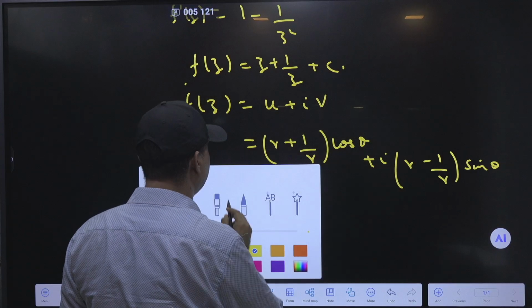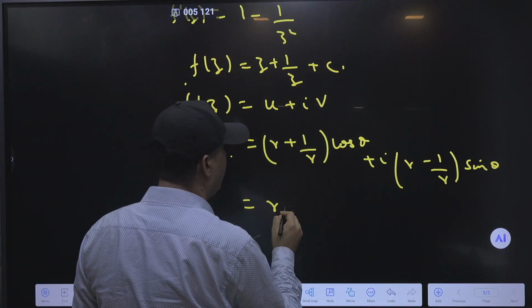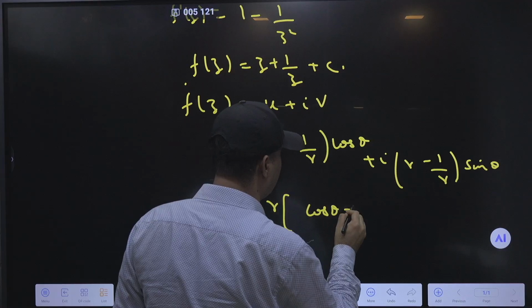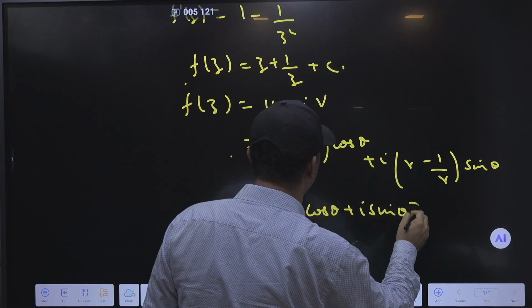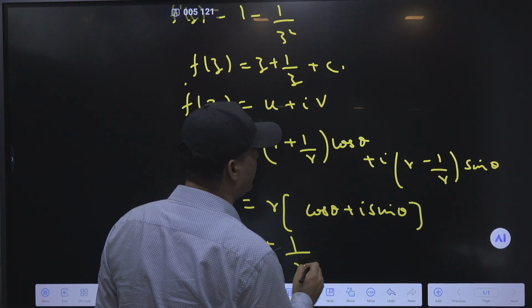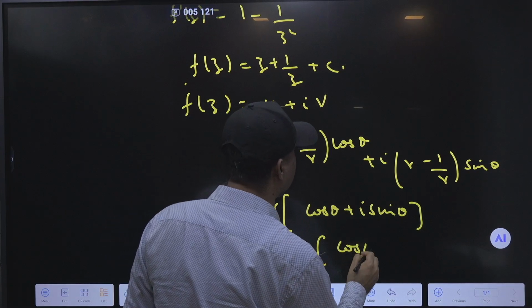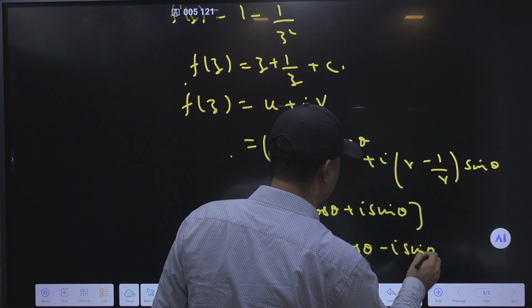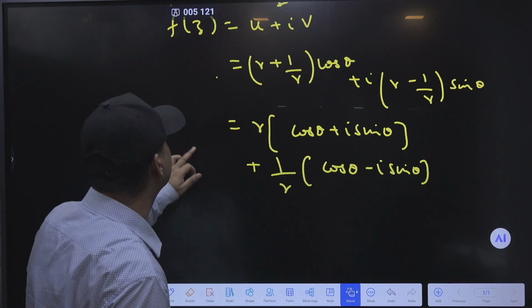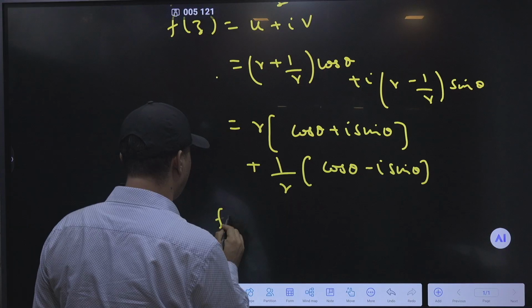So I can write this as r common, cos theta plus i sine theta, plus 1 by r, cos theta minus i sine theta.